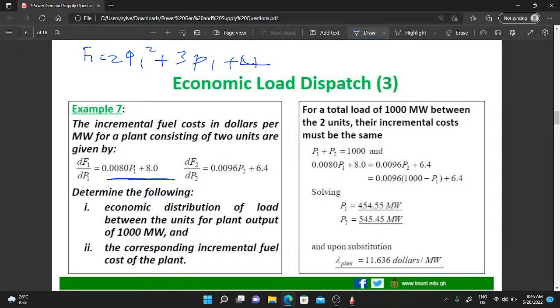So for a question like this, before you start solving, you will have to differentiate. So it means if you are supposed to find your dF1/dP1, differentiating from first principles, you get 4P1 plus 3.